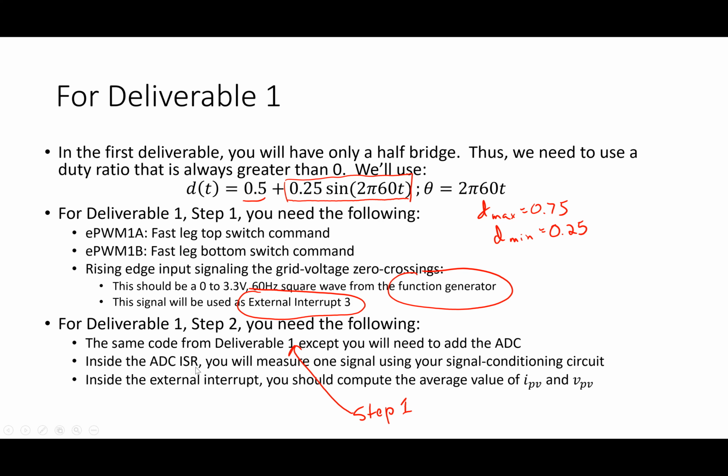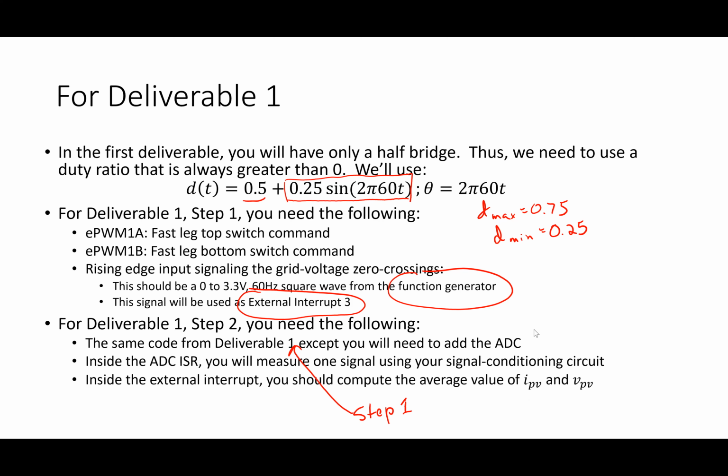Inside the ADC ISR, I'll measure one signal using the signal conditioning circuit. And then inside the external interrupt, I'll compute the average value, okay? Now, ultimately, it's going to be the average value of IPV and VPV. In this particular case, it's just going to be the average of the one signal that you're sampling.